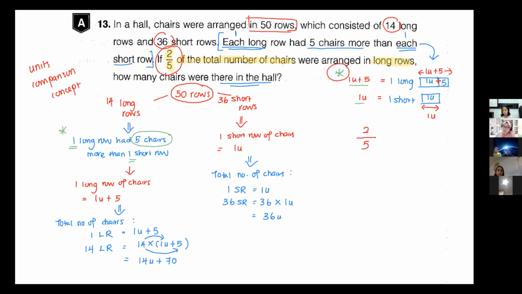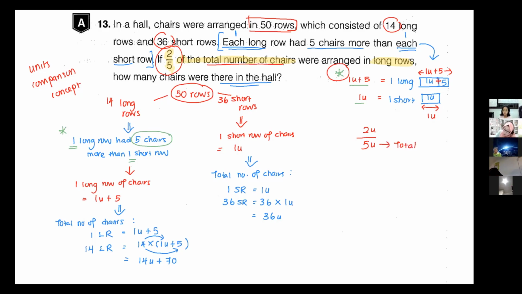Now they say if 2/5. So you know that a fraction in its simplest form is already in its units form. This is where the units also come from. The units came from the model just now, and the units come from this fraction as well. So 2 units and 5 units. The denominator always tells me the total. Total what?